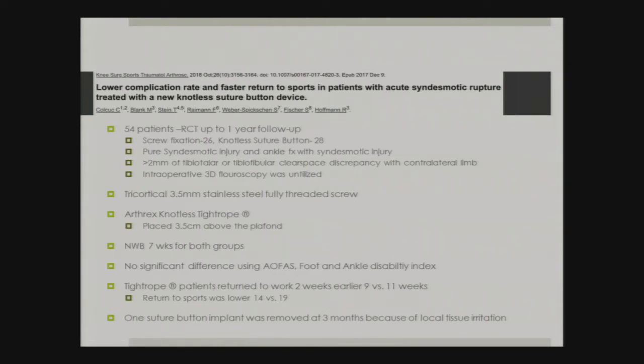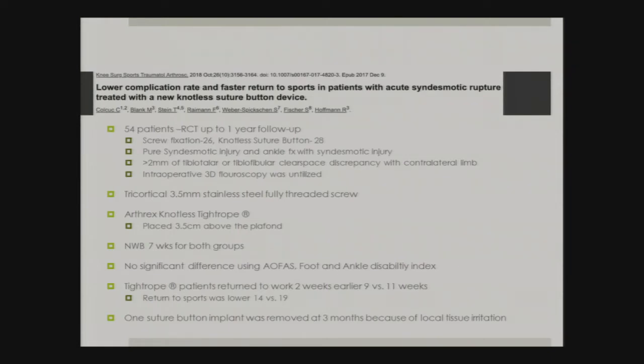And both groups were kept non-weight bearing for 7 weeks following surgery. On follow-up, they used the Foot and Ankle Disability Index, the AOFAS, and a myriad of other surveys to determine pain scores and functional ability. They found no difference at any level of follow-up. They followed them every 2 months out until 6, and then they had a 1-year follow-up after that.